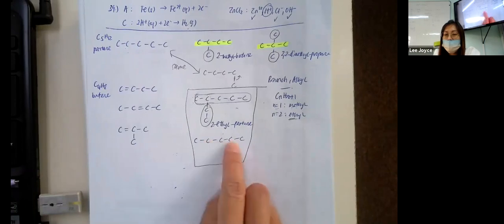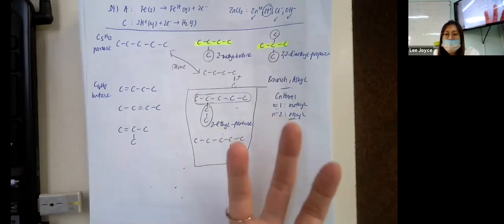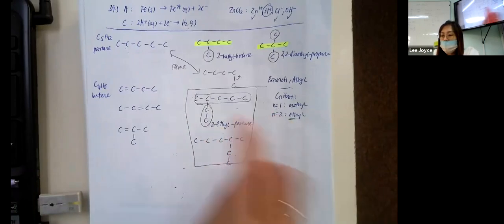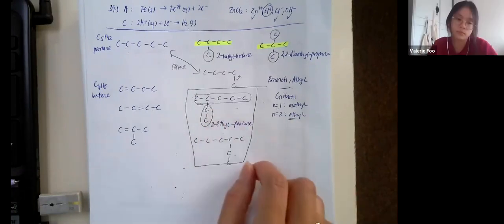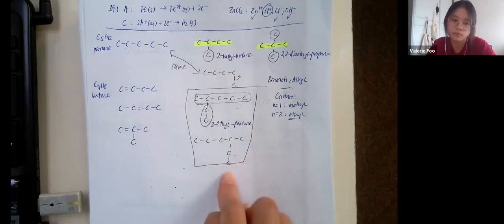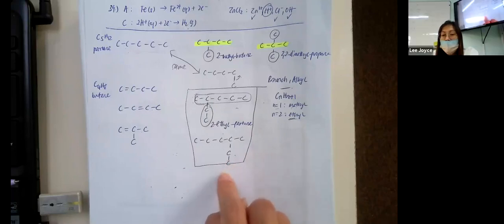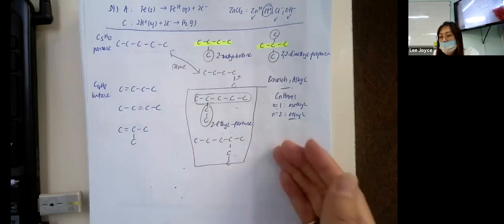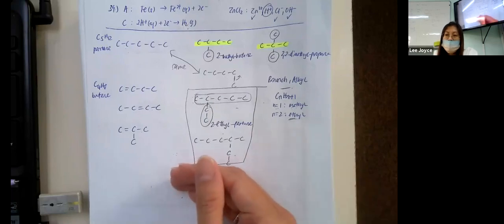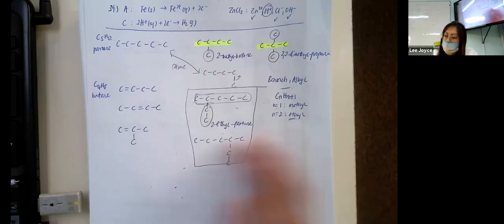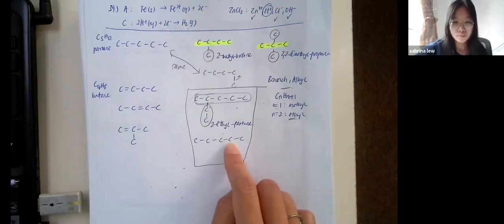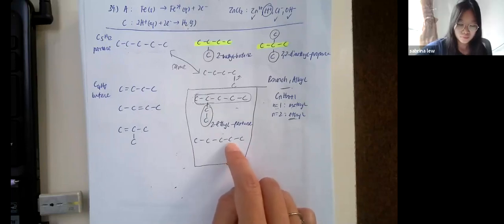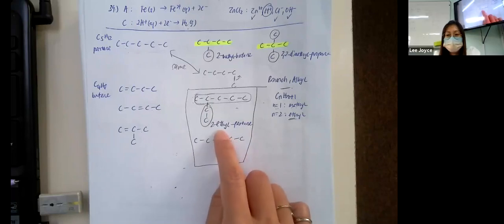Because this structure, you can flip it 180 degrees, and you will get this structure. So they are the same. Right? And when you name, if let's say you're given this, you don't think that this is a 4-ethylpentane. You must name it from right to left. Okay, because when you name from right to left, the number will be a lower number, which is 2-ethylpentane. So always name it with the lower number as the priority.